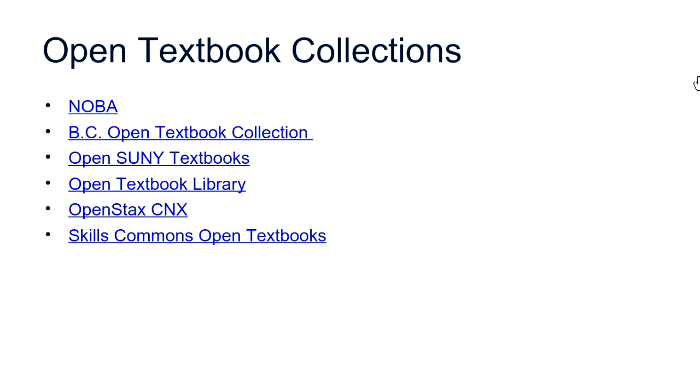Another collection that I would mention is the Open Textbook Library. This one is actually more of an aggregator of a number of open textbook collections. So it's more of a served up database interface to search across a number of these. For example, OpenStax, SUNY, and BC Open Textbook Collections are inside of the Open Textbook Library database.